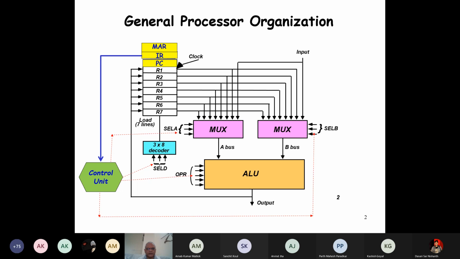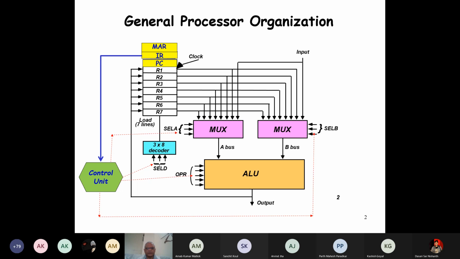And the select lines here, select A and select B, what we have written here, these are controlled by signals received from the control unit. The control unit is a complex hardware.